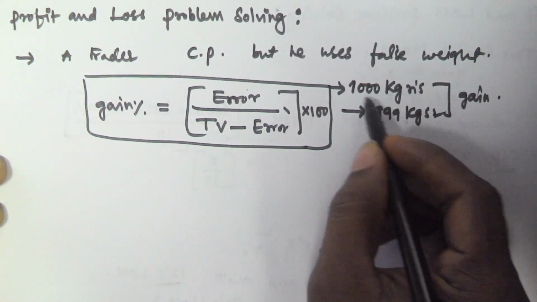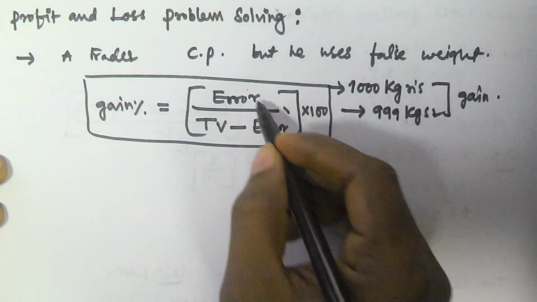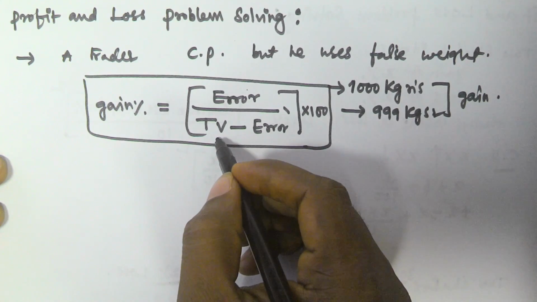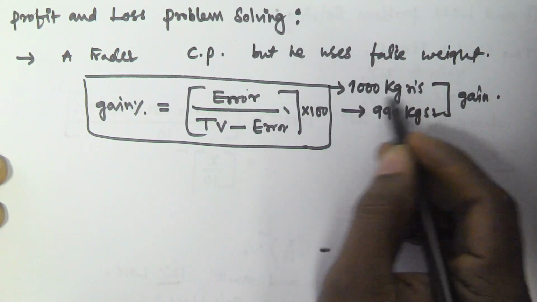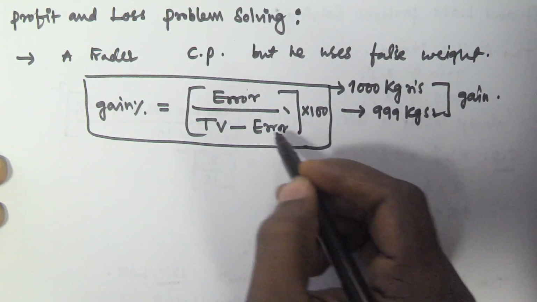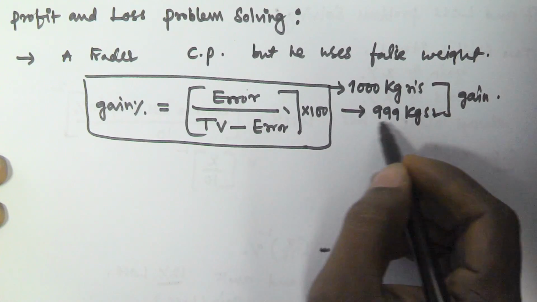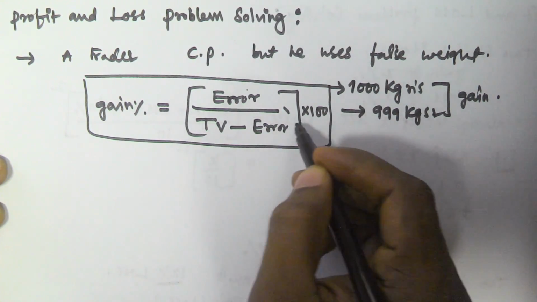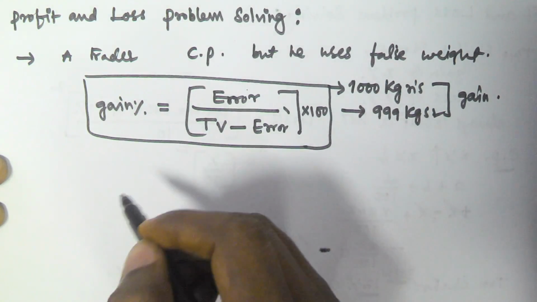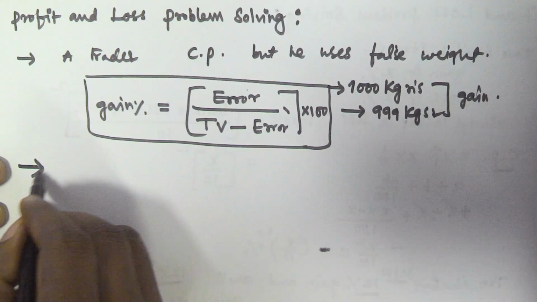Here the error is 1000 minus 999, so the error is 1. The true value is 1000 kgs. So whatever we substitute will give the gain percentage.